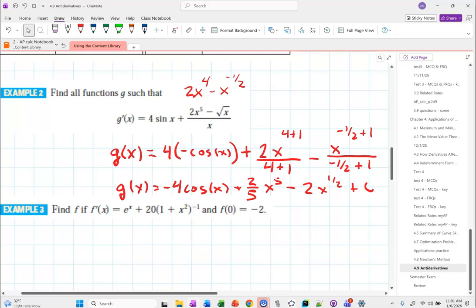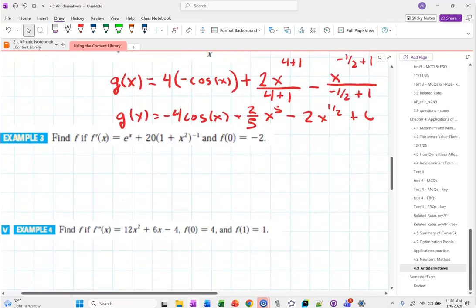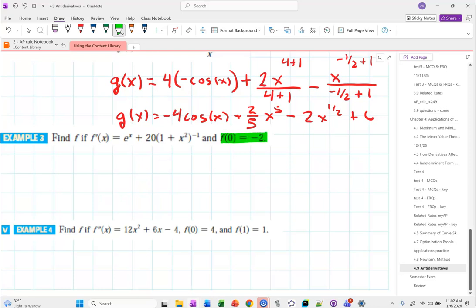All right, let's look at this next example. It says find f if f prime of x is equal to yada, yada, yada, and f of 0 is equal to -2. What is this additional piece of information given?